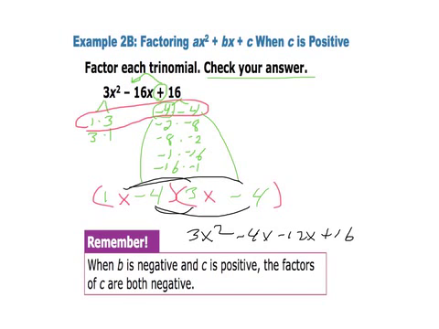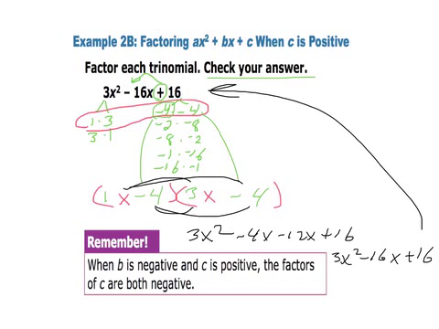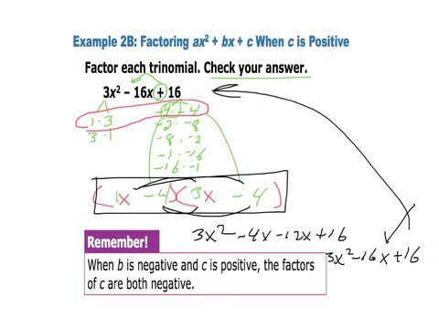And that final answer, let me squeeze it in right here, 3x to the second minus a 16x plus a 16. Look up there, is that what we had? It is, it checks, and that means this is my answer, meaning these right here are the factors of that trinomial.